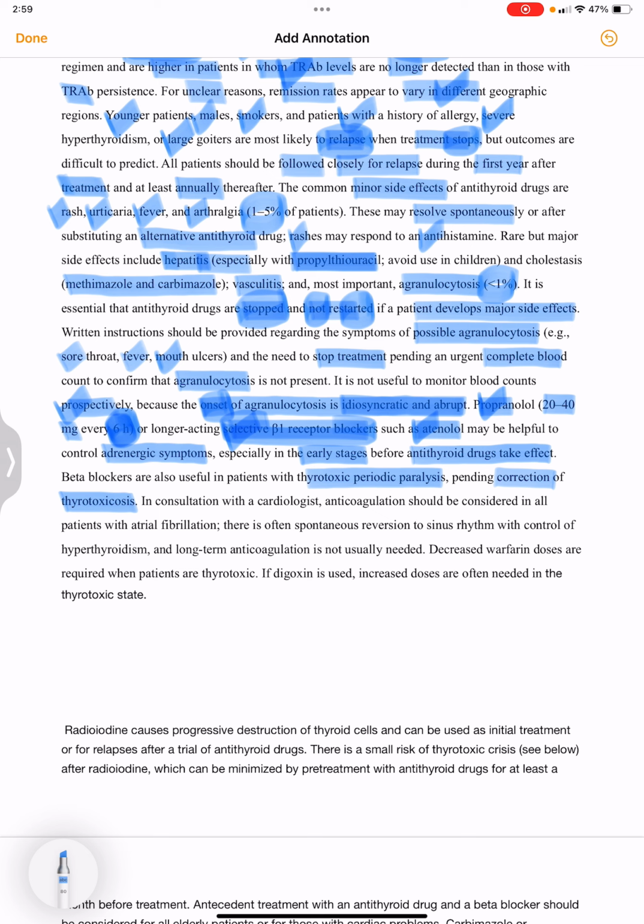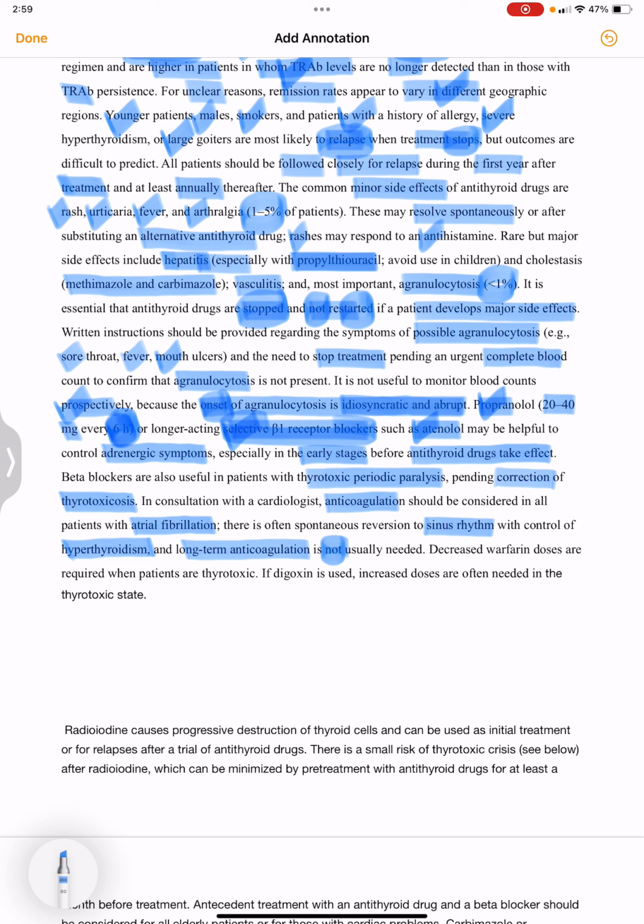In consultation with the cardiologist, anticoagulation should be considered in all patients with atrial fibrillation. There is often spontaneous reversion to sinus rhythm with control of hyperthyroidism, and long-term anticoagulation is not usually needed.